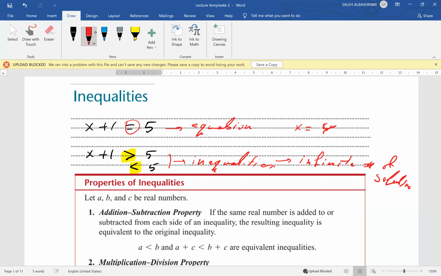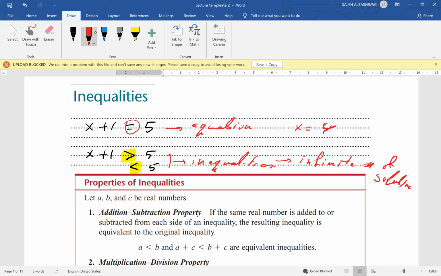And that's why sometimes we need to write the solution for the inequality in different ways. Either, I would say, using the set builder notation, or graph the solution, or use the interval notation, because we have an infinite number of solutions.